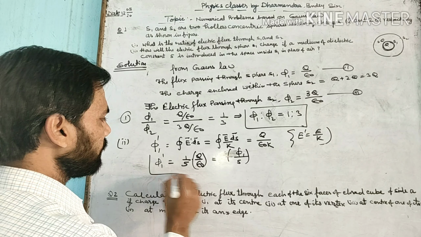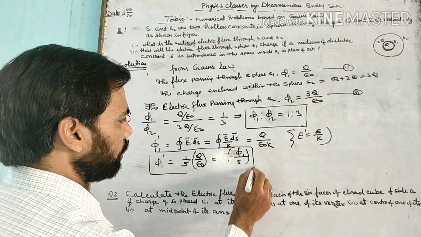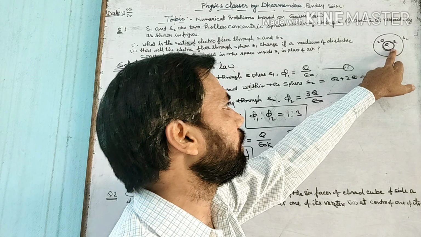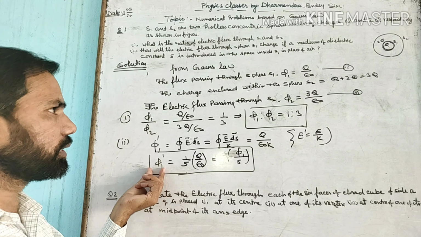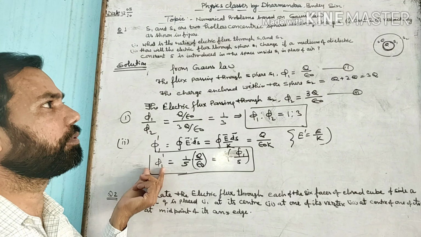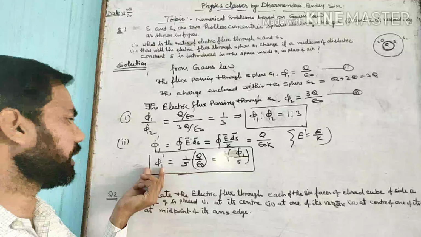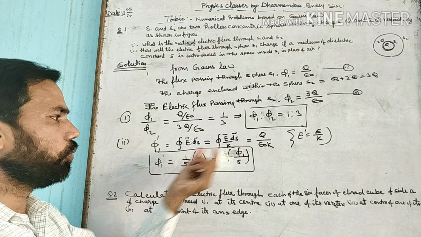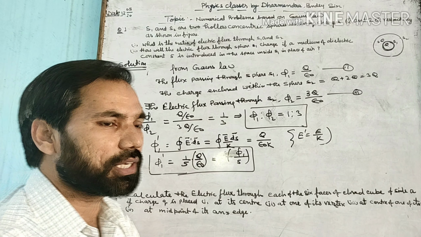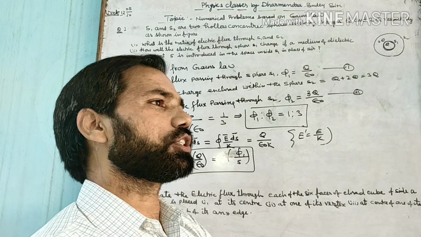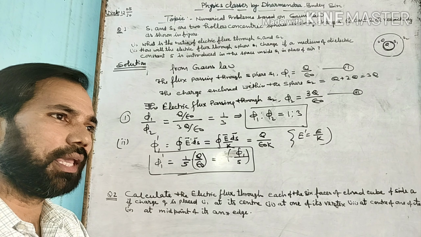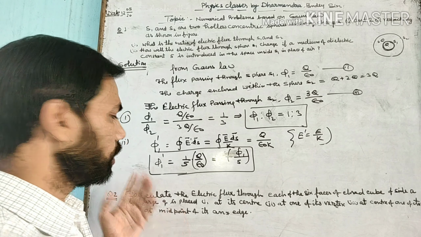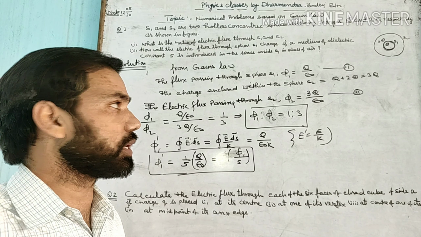By inserting the dielectric material of dielectric constant 5 inside sphere S1, the flux passing through S1 after this insertion will be 1 upon 5 times the flux passing through S1 when air is present inside. In this way we have solved the first problem.